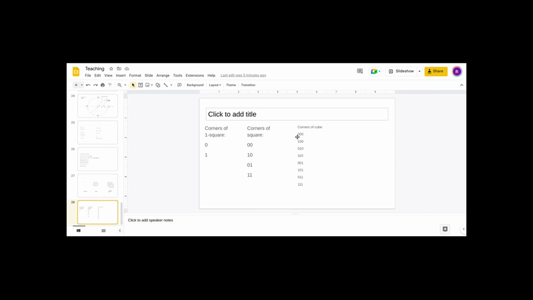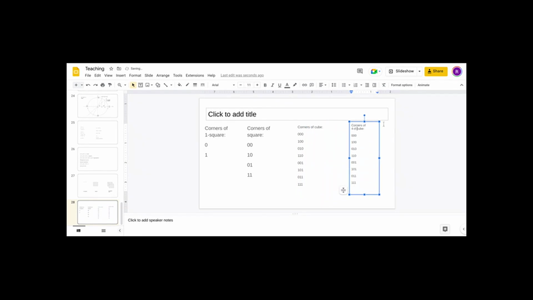So a simple way of writing the 16 is I just repeat this part. I'll just take the corners of the 3D cube, so just take these numbers and what will I put in the fourth position?